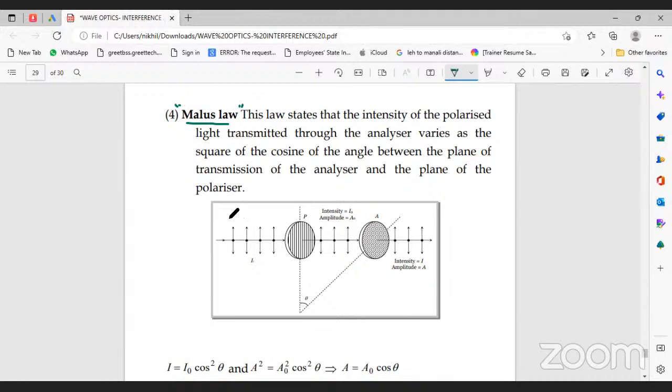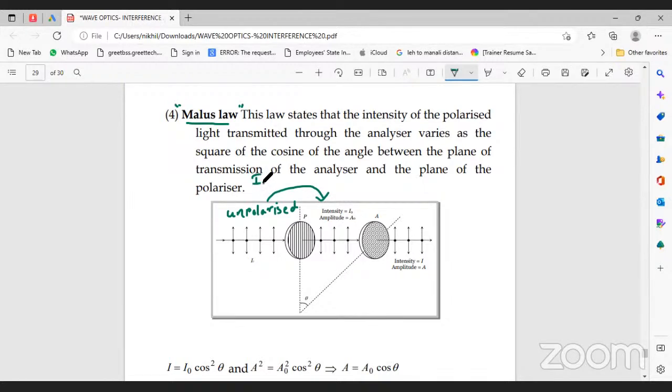Suppose this is the unpolarized light. You can convert this unpolarized light into polarized light.